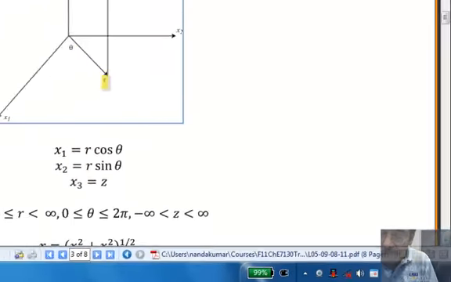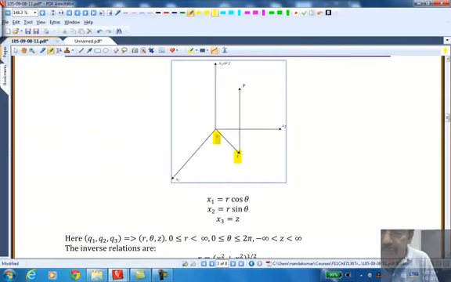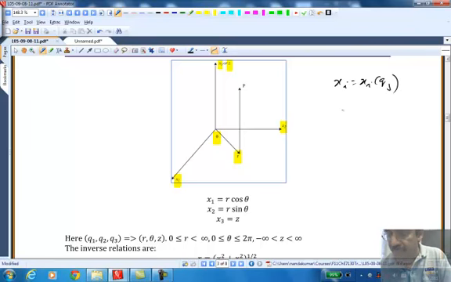And in the cylindrical coordinate system, the coordinates are r, theta, and z, or x3. Okay? And they are related to x1, x2, x3, the Cartesian frame. Okay? So this describes cylindrical surfaces. Pipes are often cylindrical. So it's a very commonly used coordinate system. Now, I said that there is a relationship between xi as a function of qj or its inverse.